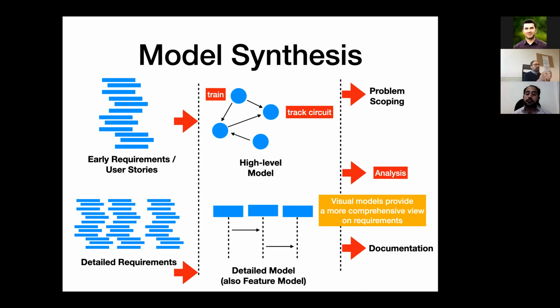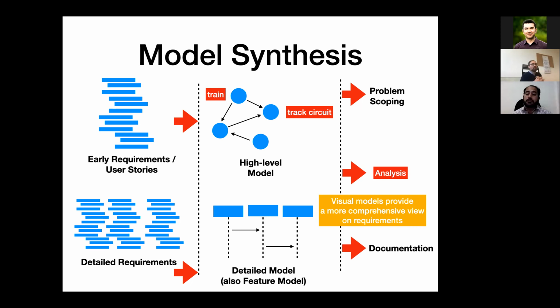You have several requirements, you extract the entities, you link the entities, and you have a high-level model that can allow you to have a better view of your problem and a better view of the entities and relationships that appear in your specific problems. There can be also the case where you have very detailed requirements and you want to extract more fine-grained, possibly behavioral models like sequence diagrams, or structural models like feature models.